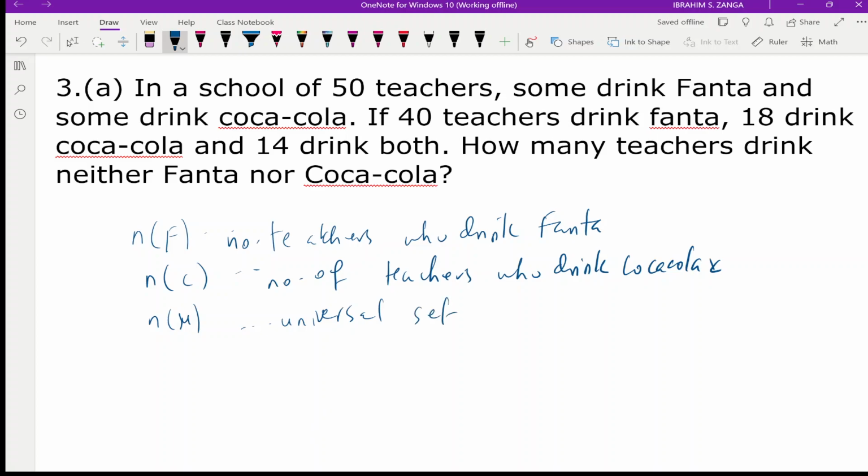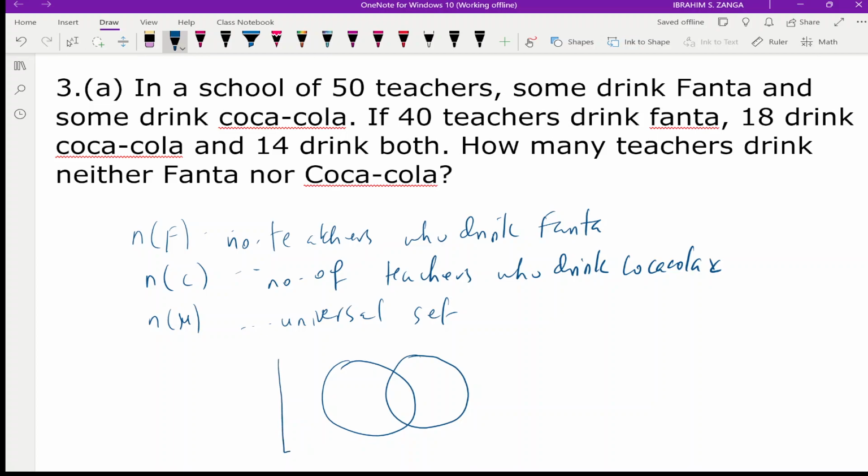So for our case here, dear students, if we're going to draw the Venn diagram, this is our Venn diagram. It will be a rough Venn diagram, sorry for that.